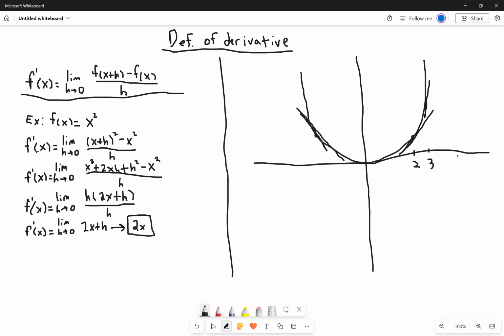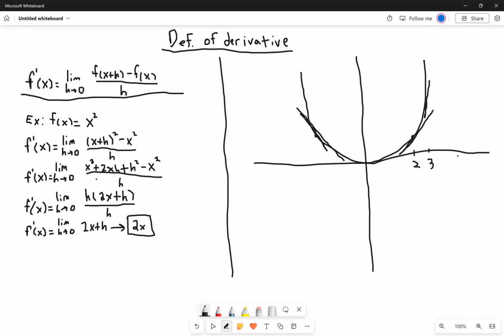Now, once again, I've plugged the definition of the derivative here, and for h, I've put it here, and we have our function, which is x squared. So we're going to be plugging in an h with every x. So we have x plus h squared instead of just x squared, minus f of x, which is x squared, divided by h.